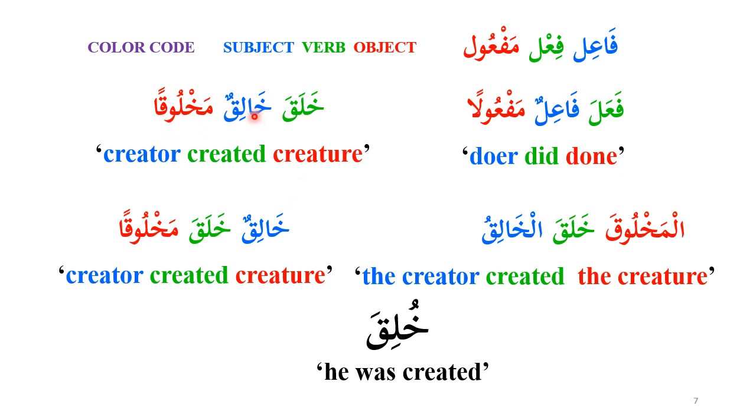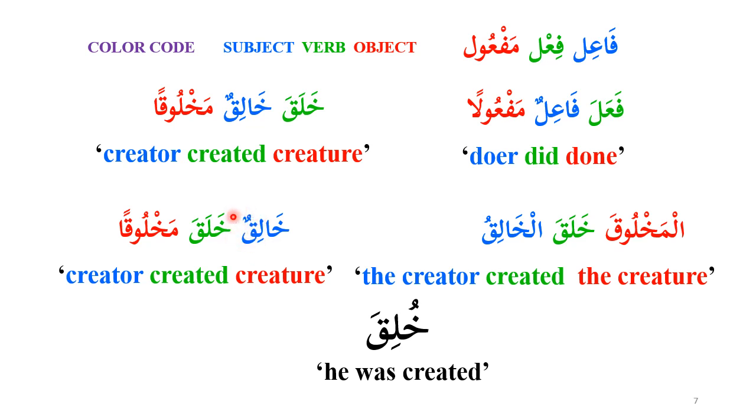So it's like this, and the pattern that it follows is fa'ala, fa'ilun, maf'ulan. So the doer did the done, right? And you can change this word order, like khaliqun, khalaka, makhluqan, and it would not change the meaning in Arabic, right?